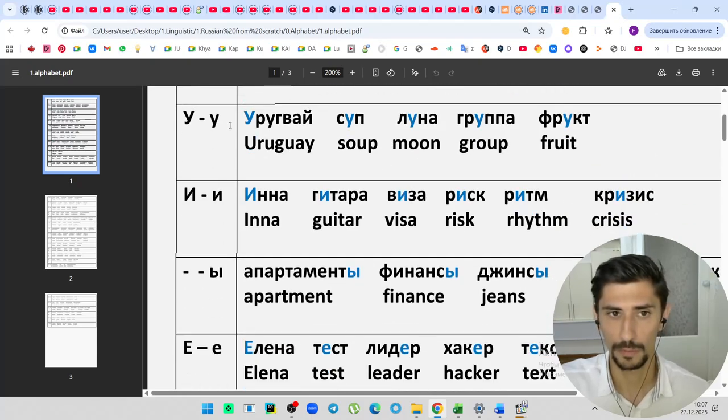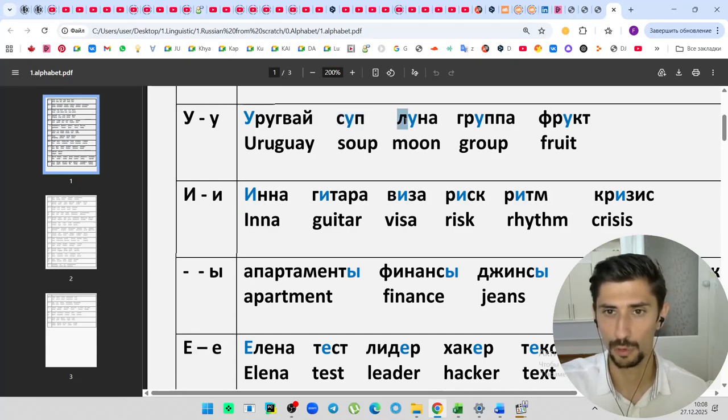Very good. This letter is always pronounced like U. So the word would be Uruguay. The last letter is Y. Uruguay.